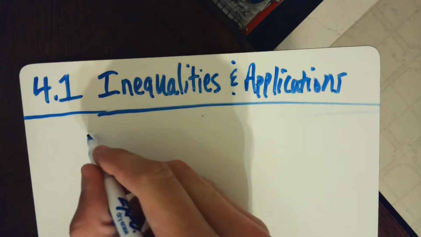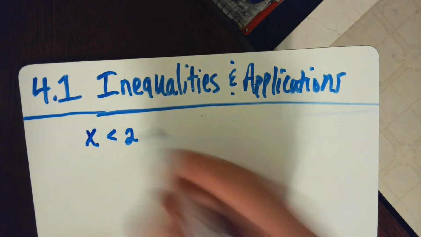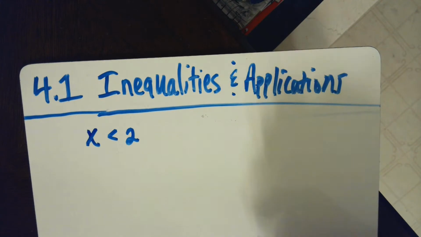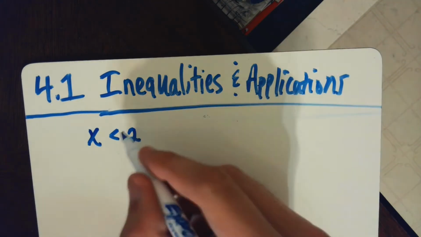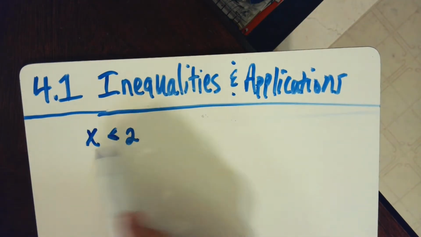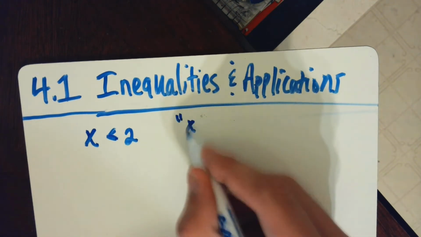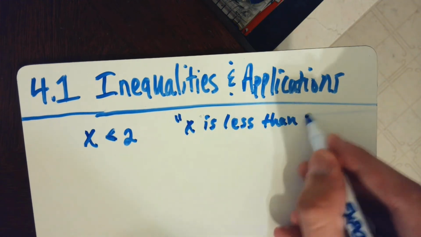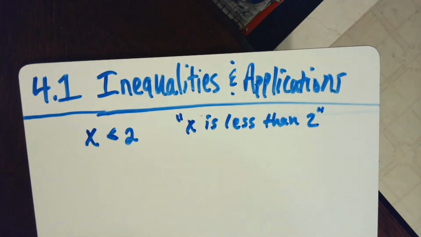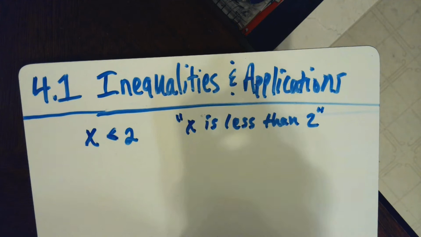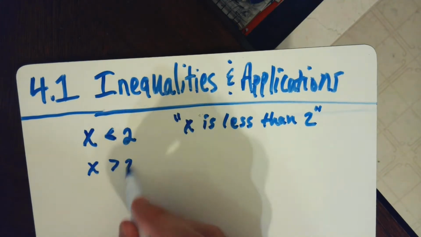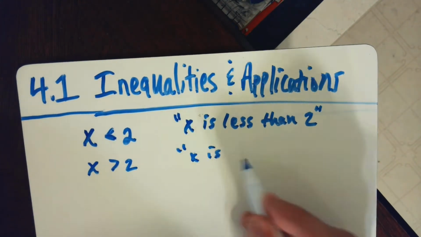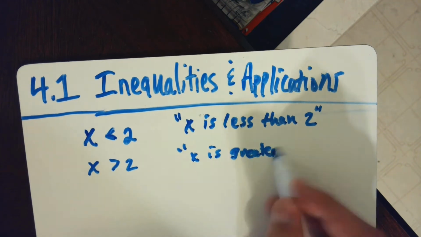So this is an example of an inequality. In particular, this means x is less than 2. This should be review, but if it's not, that's okay. And then if it were this, it means x is greater than 2.